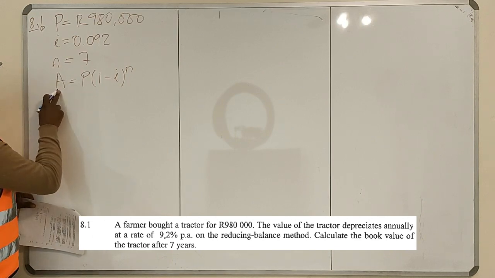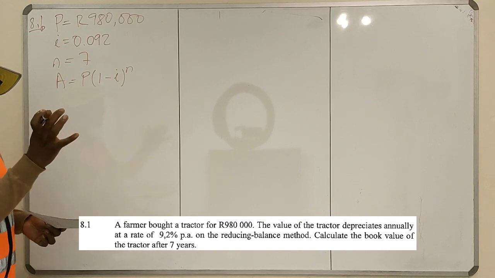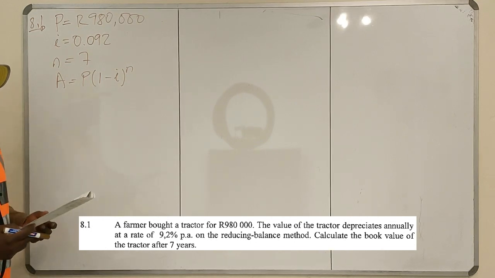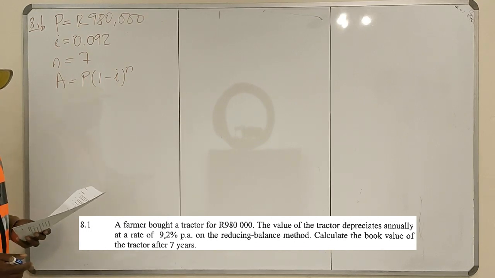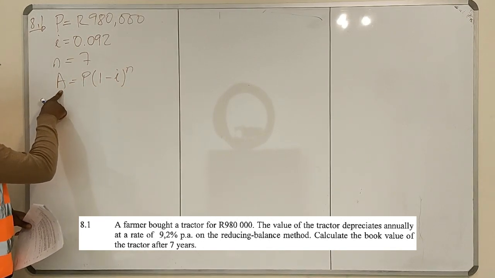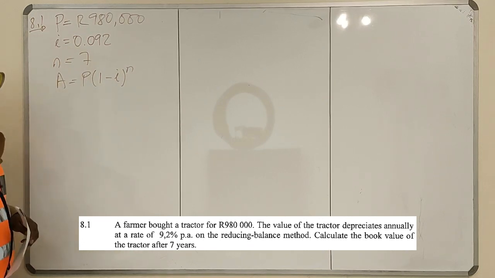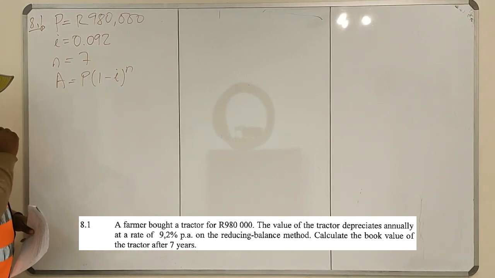What is your A? It is the book value of the tractor after the duration of the depreciation. So in this case, this A would be the value of the tractor after 7 years of depreciation.